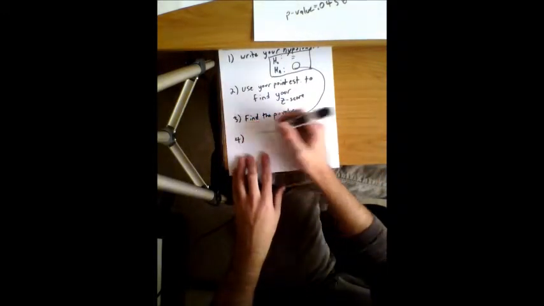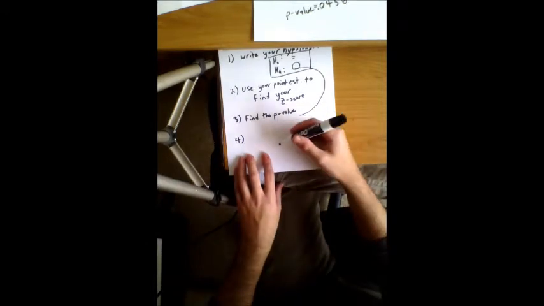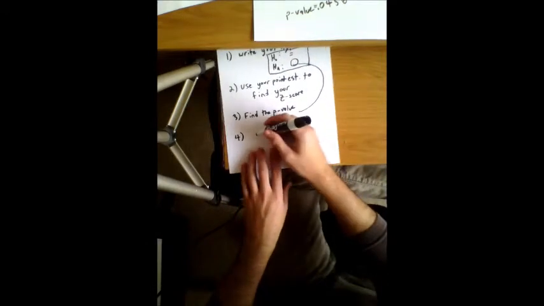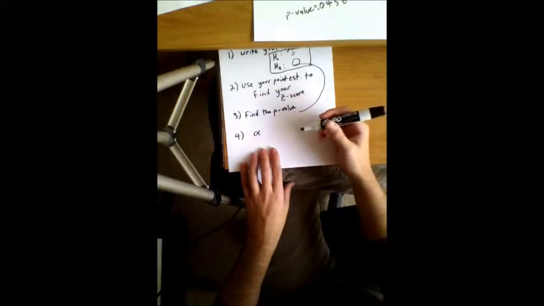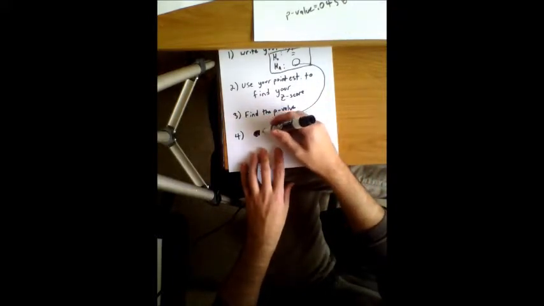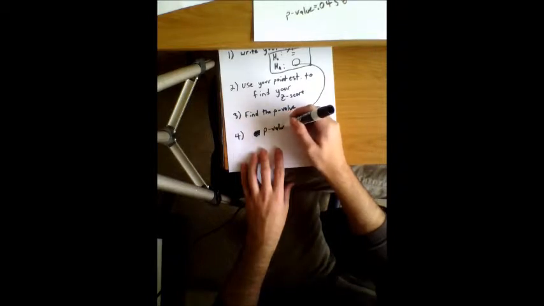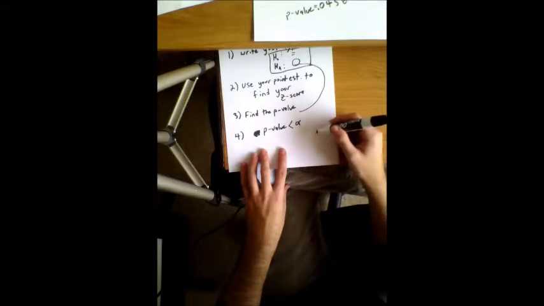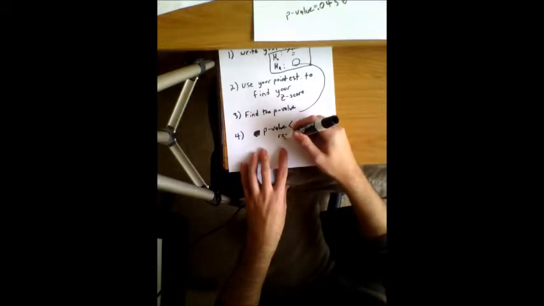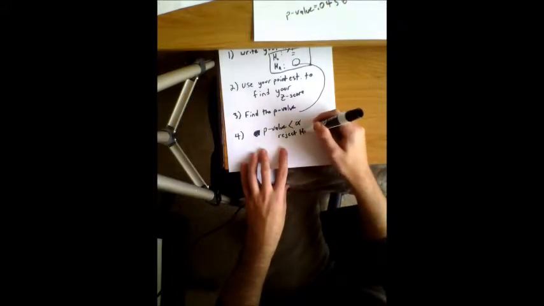And lastly, we make a decision. So we're going to compare to alpha. If our p-value is small, meaning it's smaller than our alpha, then we reject HO.